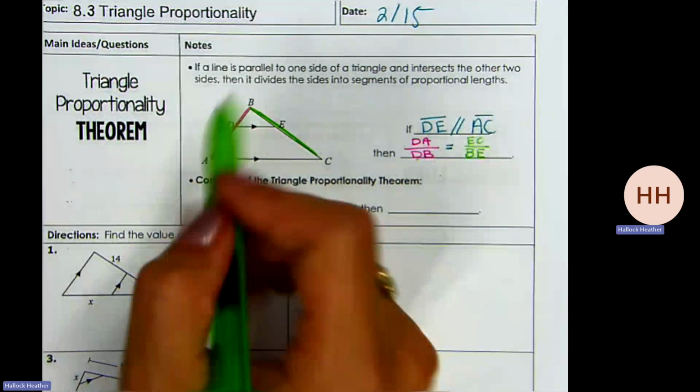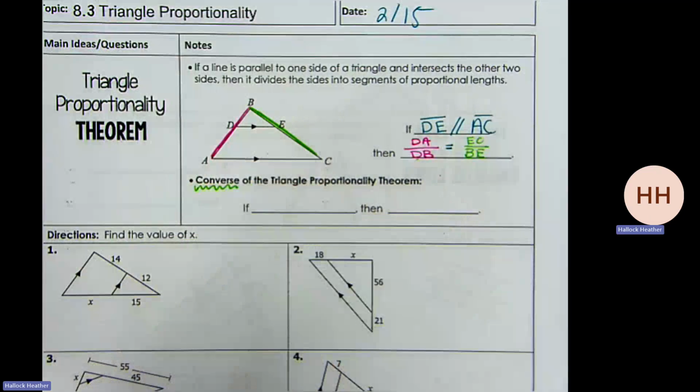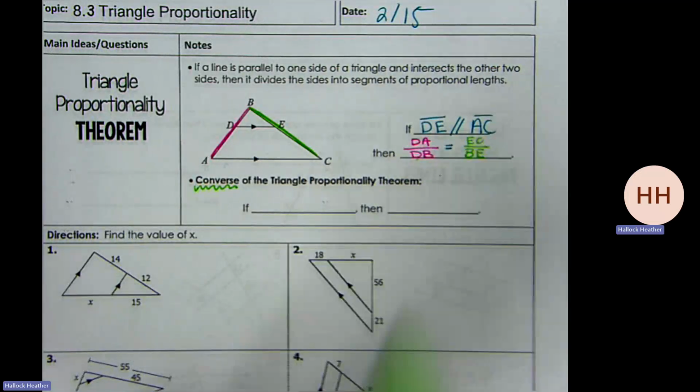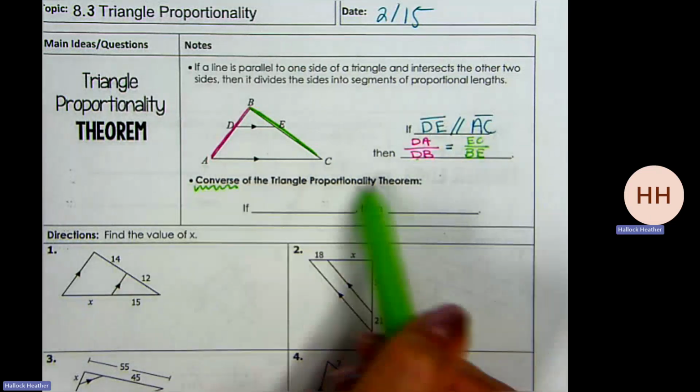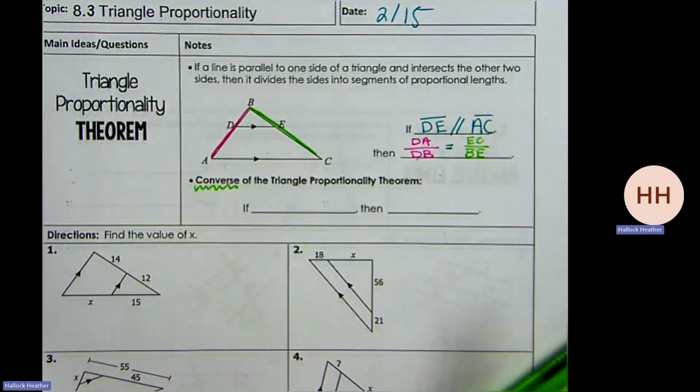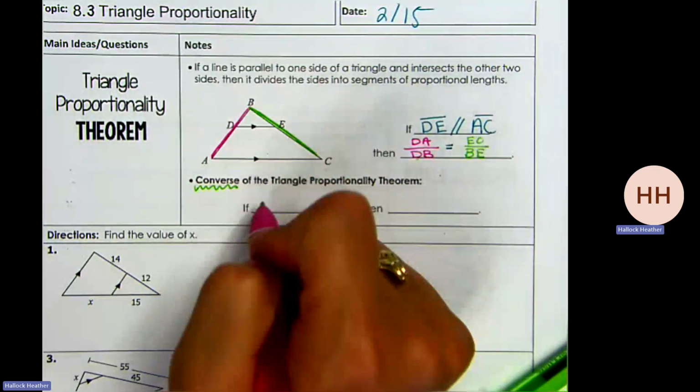On the converse, we did converses and contrapositives and inverse and all that jazz. The converse literally means the opposite. So it's basically using common sense. If I know that these are parallel, then I can set up a proportion. The opposite of that, the converse of it, would be literally saying the same thing, but backwards.